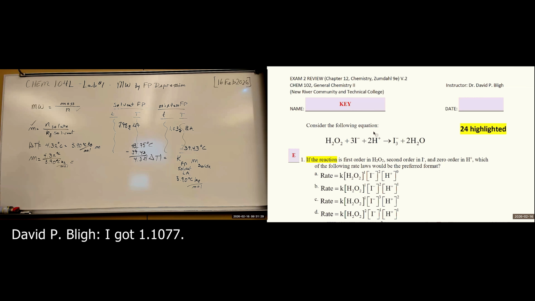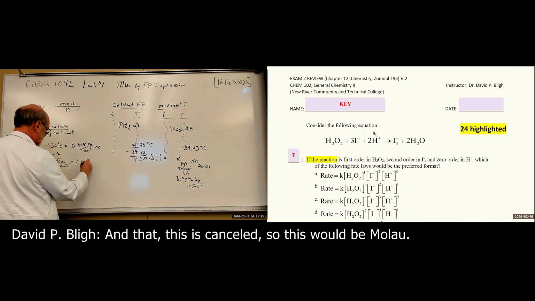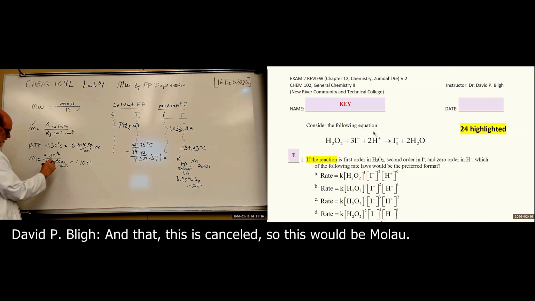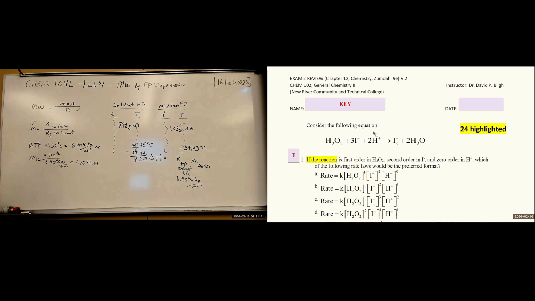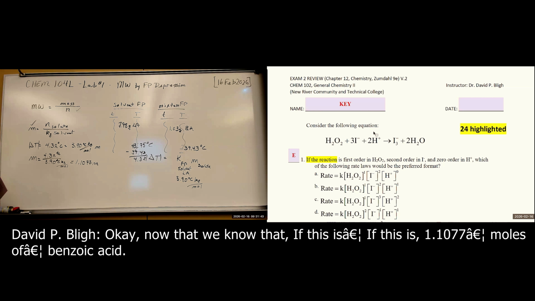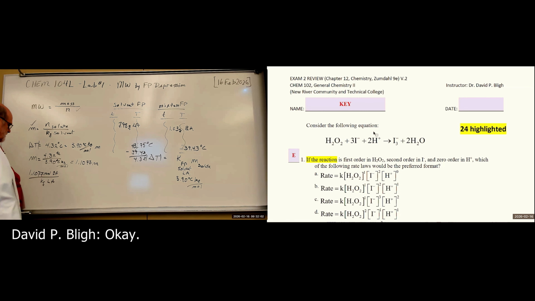I got 1.1077. The degrees C cancel, so this would be moles per kilogram. Now we know that this is 1.1077 moles of benzoic acid per kilogram of lauric acid.